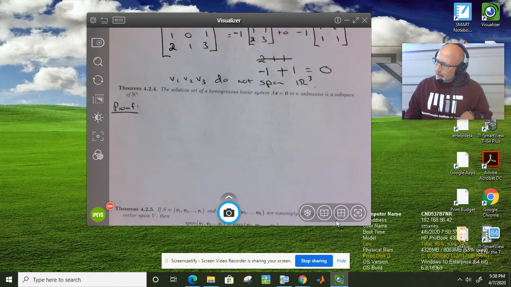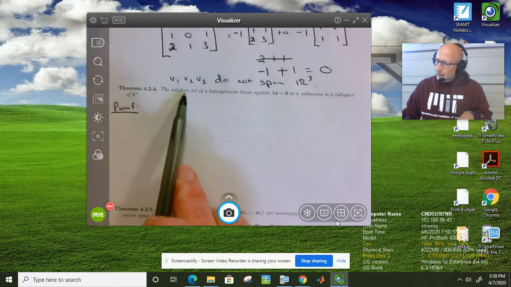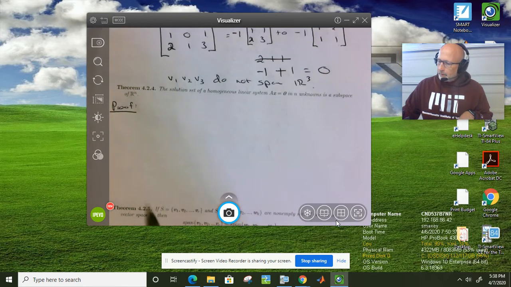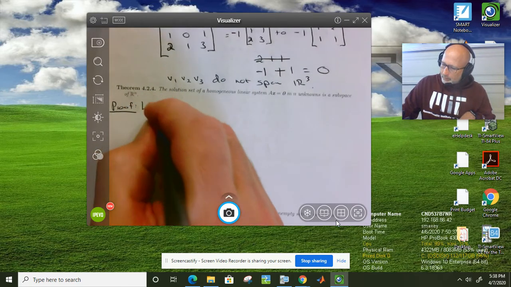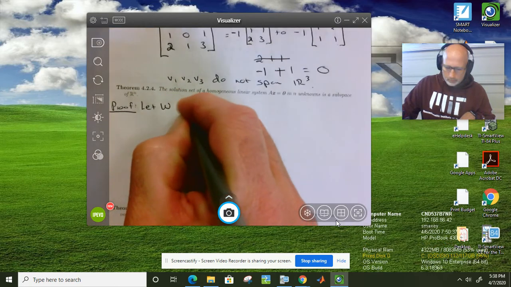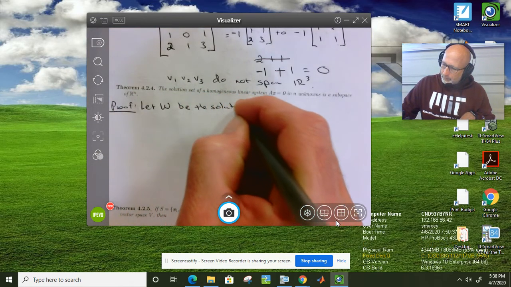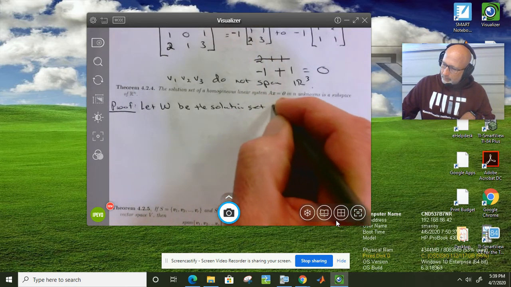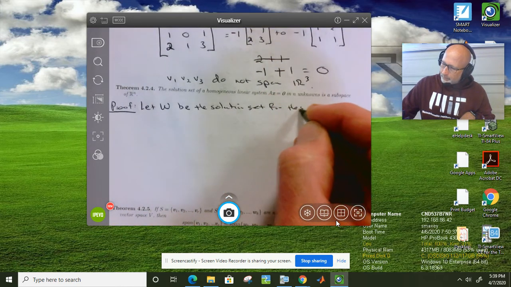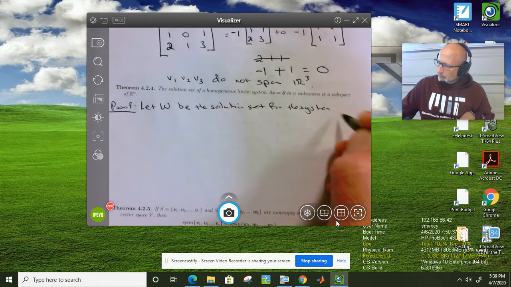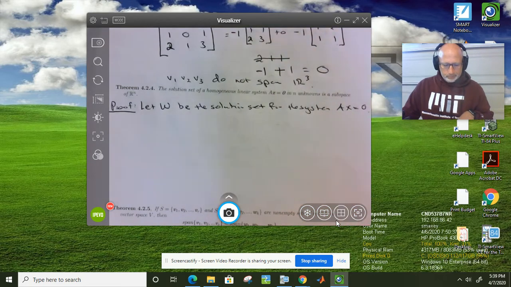So the solution set. So I'm going to let W be the solution set for the system Ax is equal to 0.